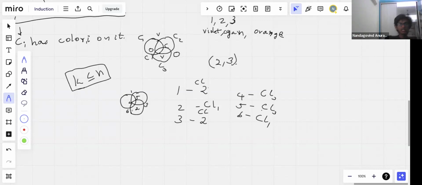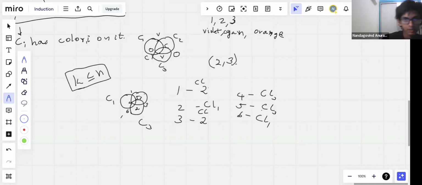So what's the intersection between circle 1 and circle 3? That's going to be colored with 6, which is color 1, and with 5, which is color 3.